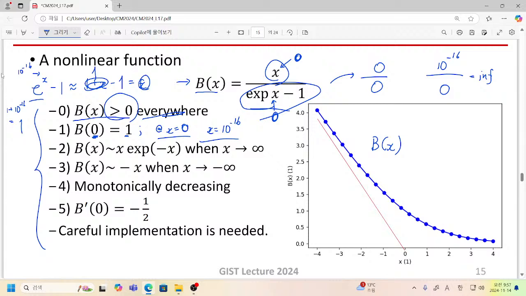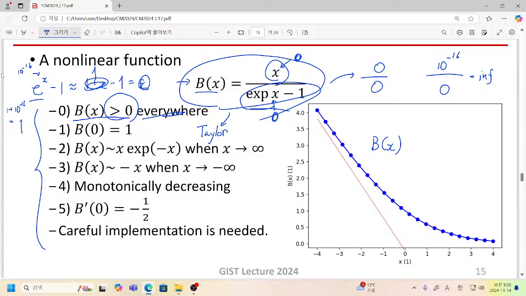So usually what we do is, if the absolute value of the input variable x is small enough, then instead of using the original form, we just introduce a Taylor expansion of this Bernoulli function. With this Taylor expansion, we can avoid the problem of numerical difficulty, division by 0.